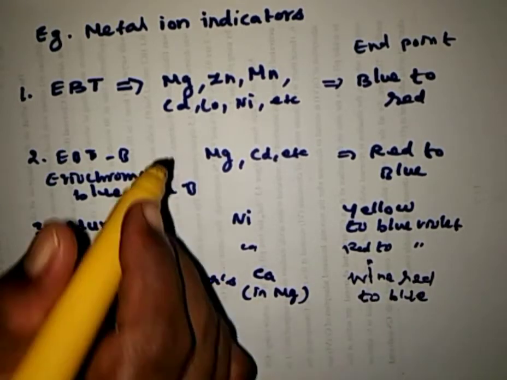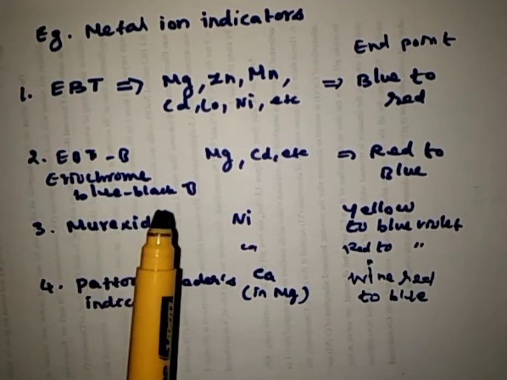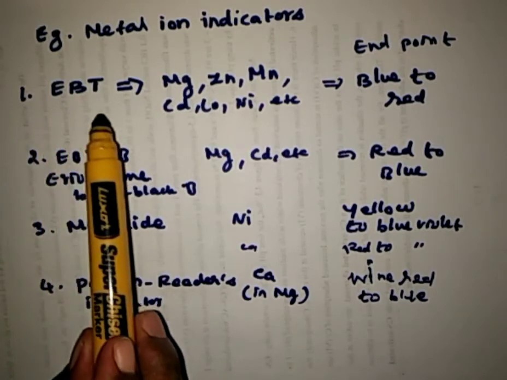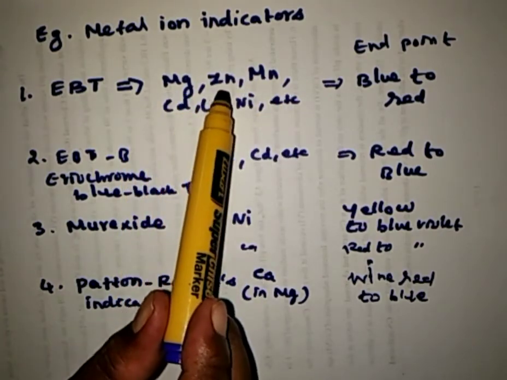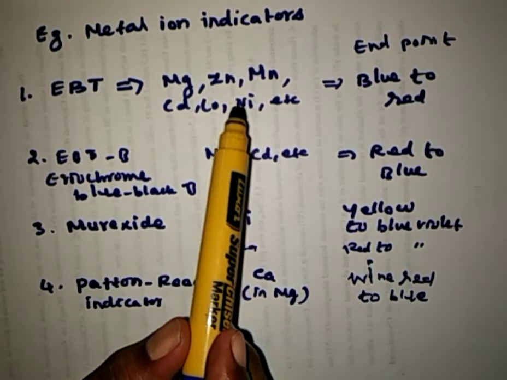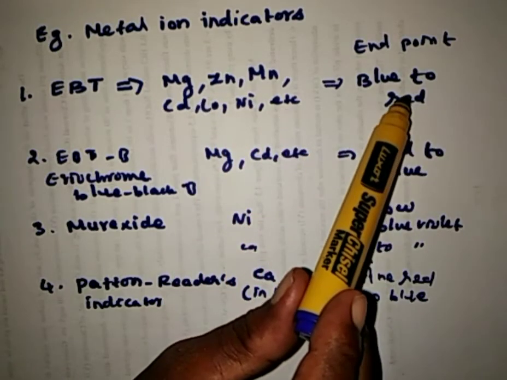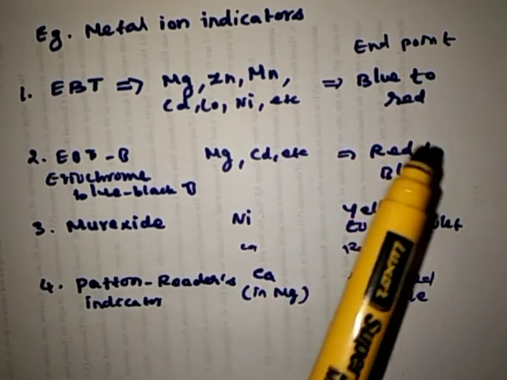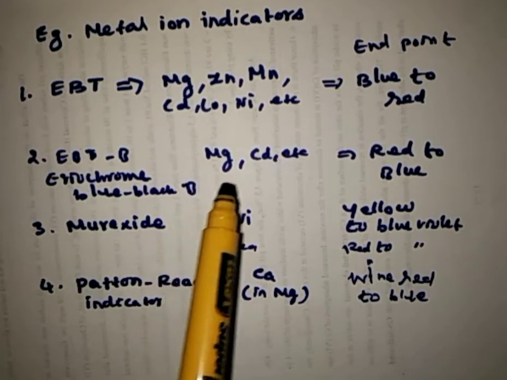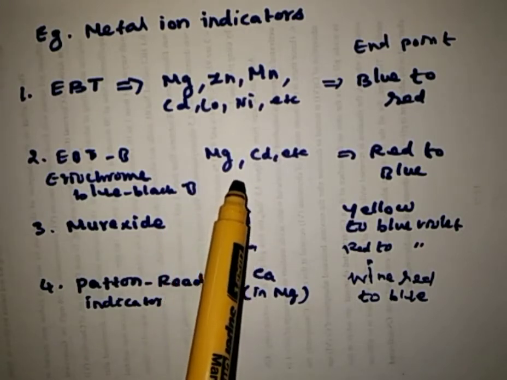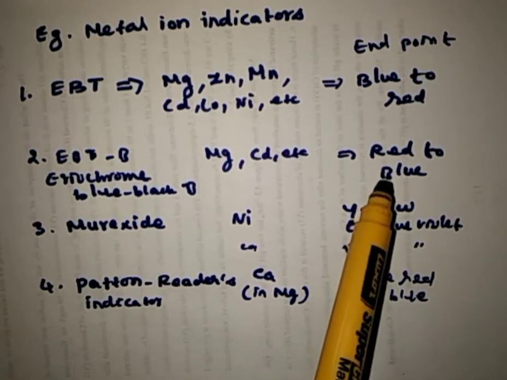So these are some of the metal ion indicators which we use in complexometric titrations. First we saw Eriochrome Black T, used to estimate magnesium, zinc, manganese, cadmium, cobalt, and so on, and the color change is blue to red. If you use Eriochrome Black B indicator, it is used to estimate magnesium and cadmium, and the endpoint is red to blue.